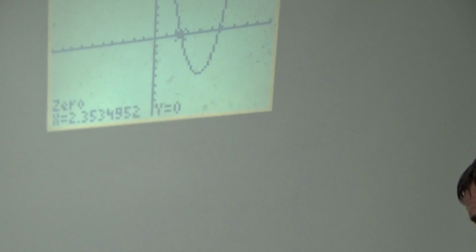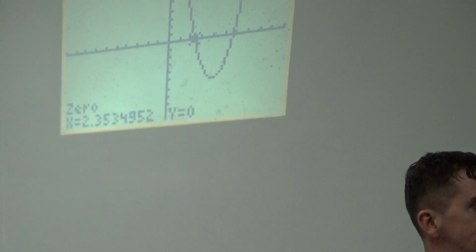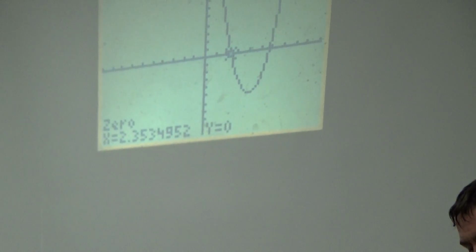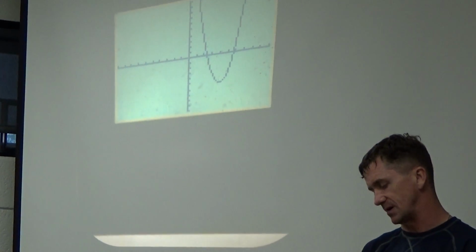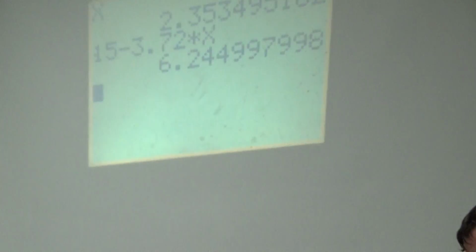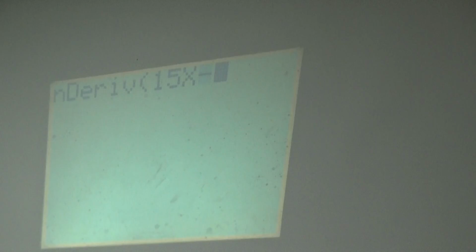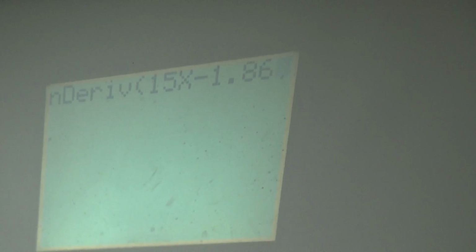I'm trying to think, anything else? I don't think anybody in here would have to do this, but I might as well show you something. I seriously don't think anybody's ever going to need this button. Ever. You know what Math 8 says? Derivative. nDeriv. So what if I said nDeriv, what was that original function? 15x minus 1.86 x to the what?